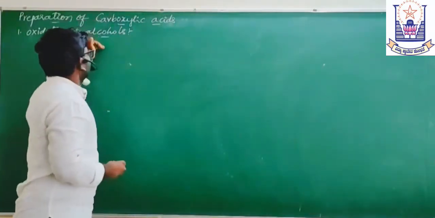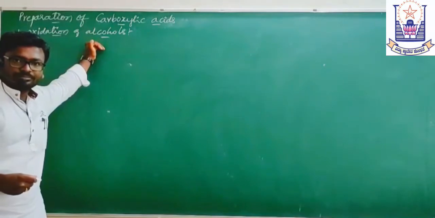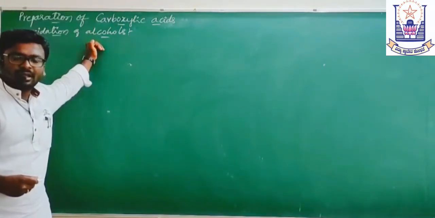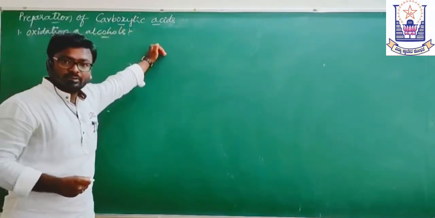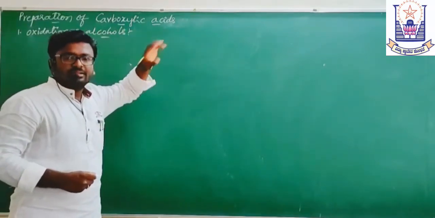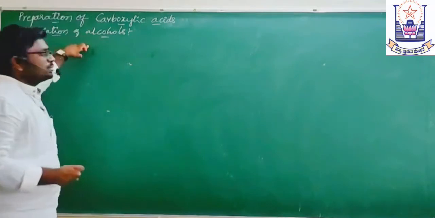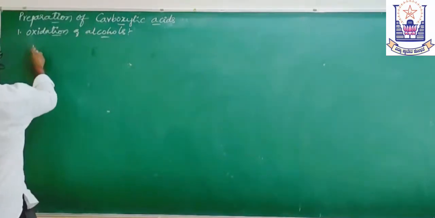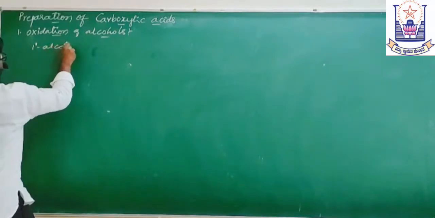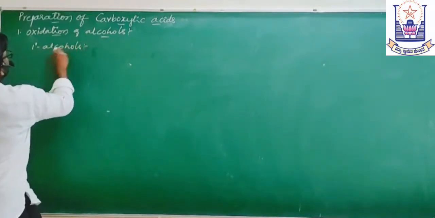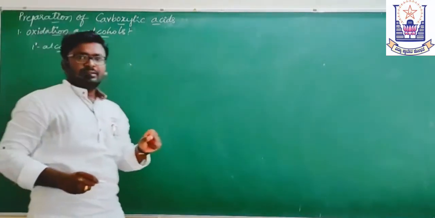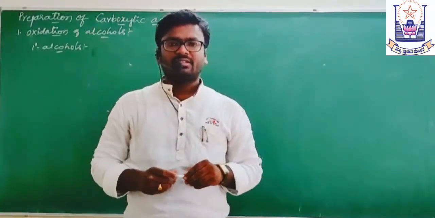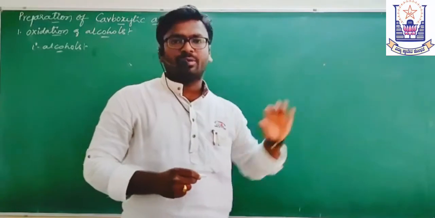Oxidation of alcohols sometimes yields aldehydes or ketones, which then give carboxylic acids. Here let us choose the primary alcohols. Oxidation of primary alcohols. Alcohols require a strong oxidizing agent to convert them to carboxylic acids.